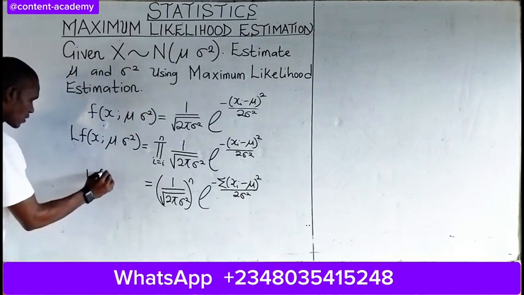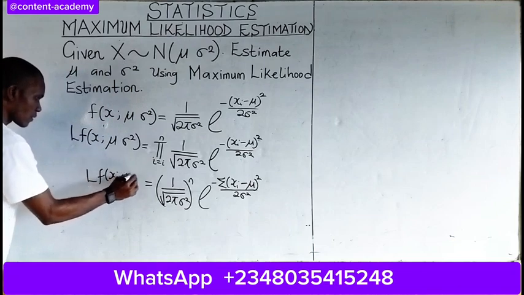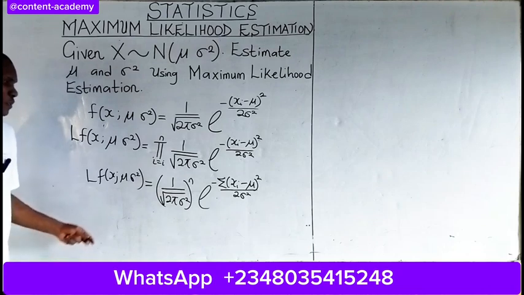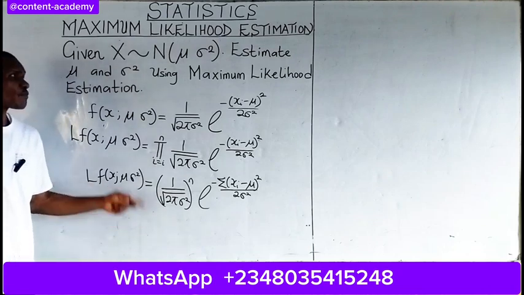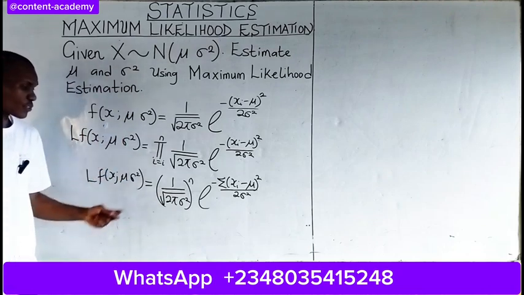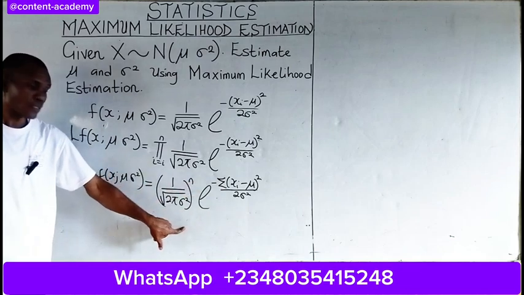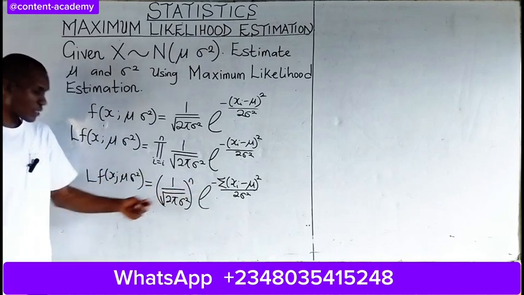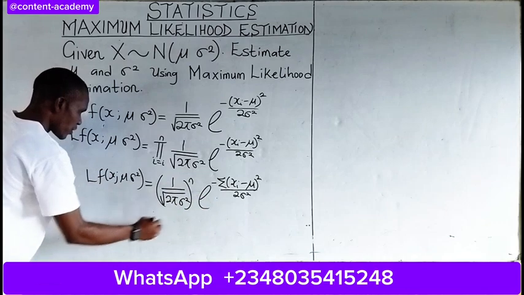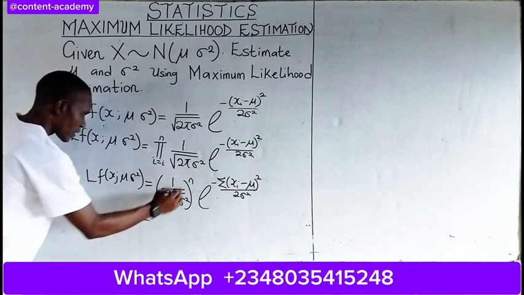Nothing has changed. The next thing to do when finding the maximum likelihood estimation is to take the log. But before we take the log, we need to rearrange this so that we are able to take the log.